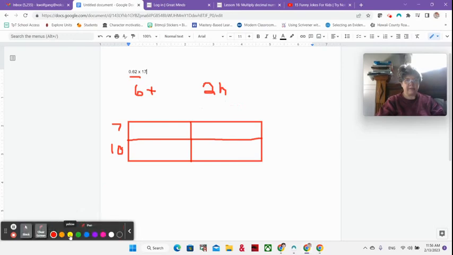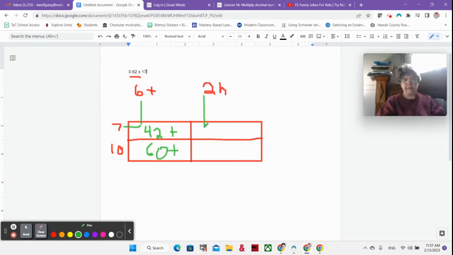Okay, looking good. So now we're going to multiply 6 times 7. 6 times 7 is 42, and that would be 42 tenths, right? And 6 times 10 is 60, and that would be 60 tenths. Good job.